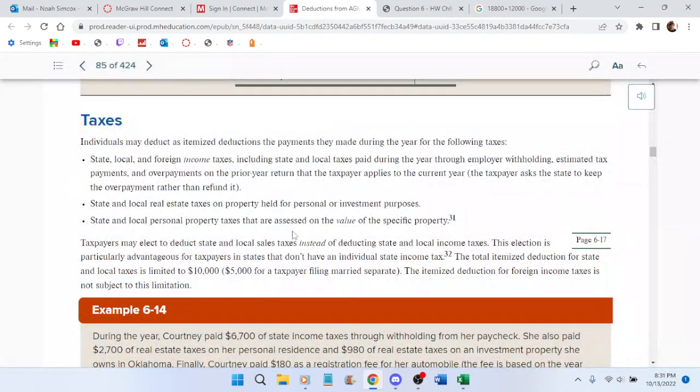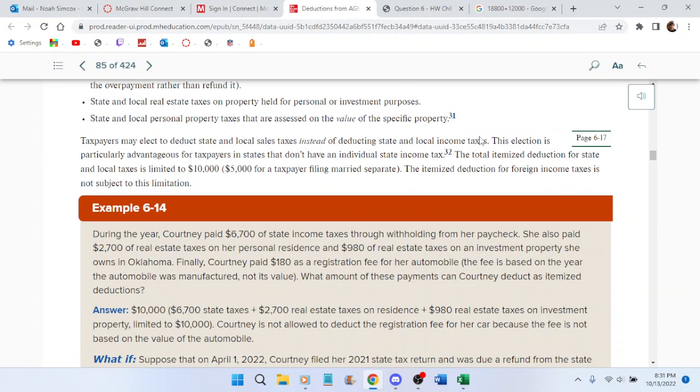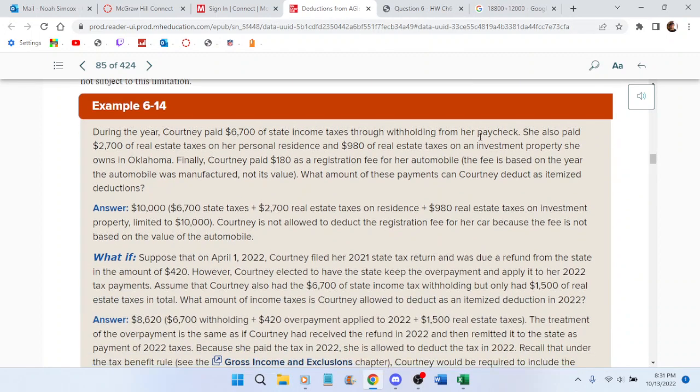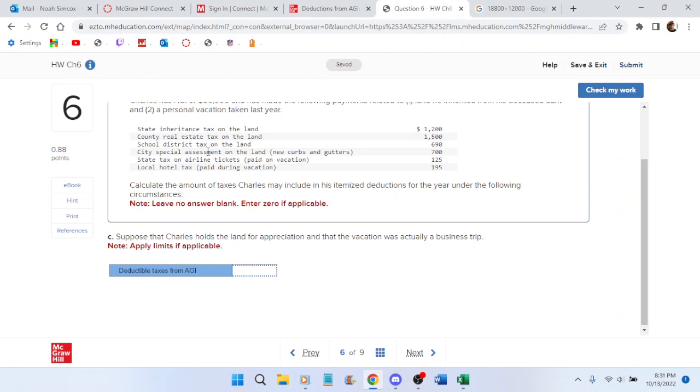Now, what about property taxes assessed on the value of the specific property? It doesn't specify whether these taxes are based on the value. So the only thing that would apply would maybe be these, like the state tax on airline tickets.